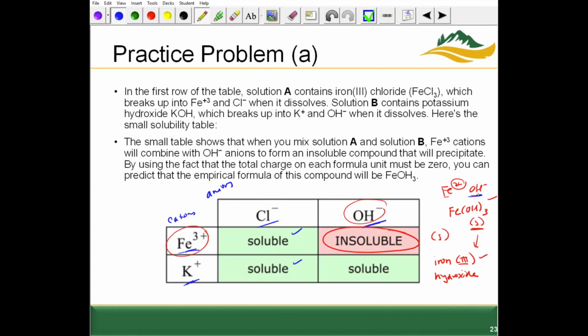So hydroxide is the name of this polyatomic anion. In the name, we just write out that polyatomic anion. We don't change the ending. This one does already happen to end in IDE. If it ended in something else, again, we would not change the name for those polyatomic ions.